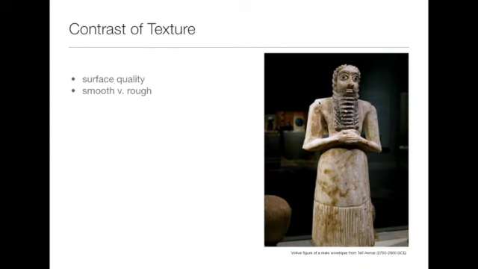We have contrast of texture, and this will often help direct our attention to a particular part of a sculptural piece. In this particular example from Mesopotamia, we see that the overall surface texture is fairly smooth, but then suddenly the hair is highly textured and makes us want to look at that particular part of the composition with greater detail.